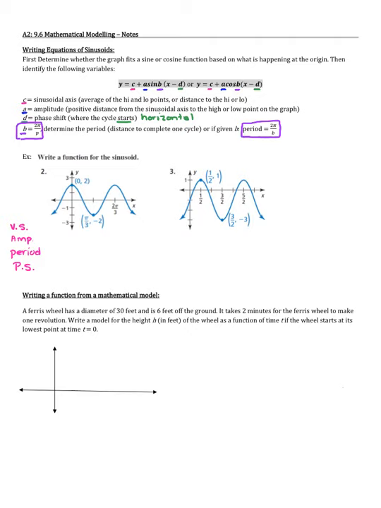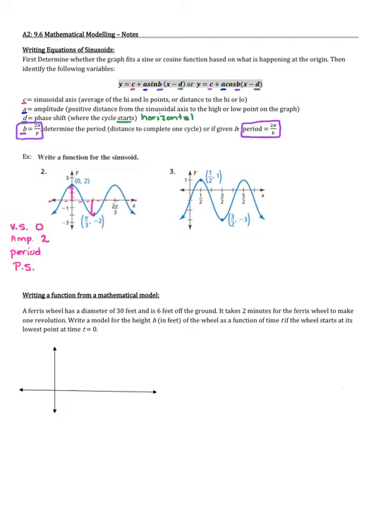In this first graph, notice that it looks like I'm going up to 2 and down to 2, so that means my sinusoidal axis is 0. It hasn't moved. My amplitude is a distance of 2.